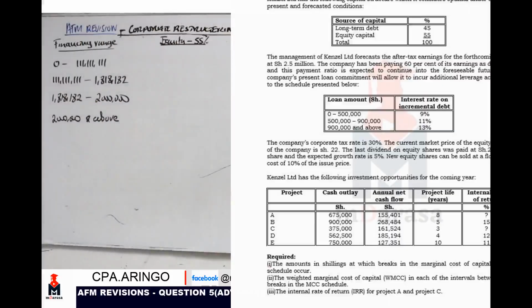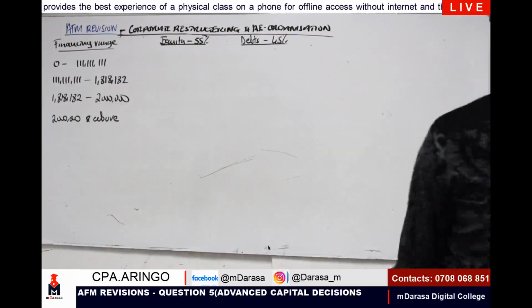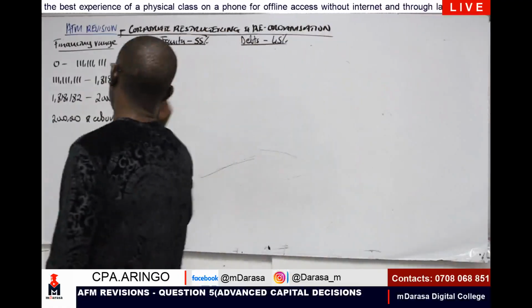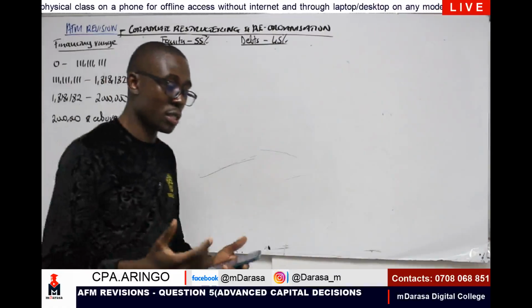Can I remove the question so that you can work it out? I know I can remove the question because literally we have almost everything now. So removing the question would be very easy. Allow me to remove this question of ours so that we use our full board, right? The next thing is for us to determine the WMCC.